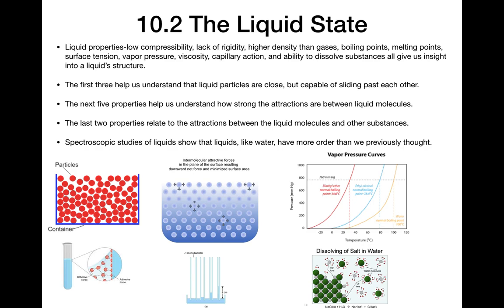Surface tension is another effect. The blue picture here in the middle shows the effect of surface tension. Because the particles in the middle of the liquid are attracted in all directions, but the particles on the surface are only attracted downward and left and right, there is no compensating upward force on the top layer of molecules in a liquid.